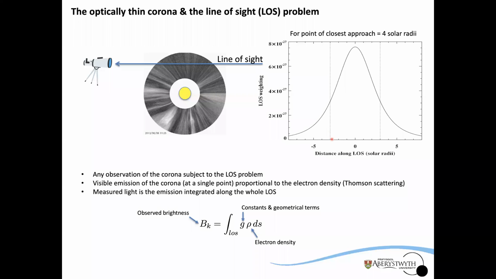And this just illustrates that even though this G value is weighted towards the plane of the sky, it's very widely distributed along the line of sight, and this shows the line of sight problem. So if we observe, for example, a change over time in the brightness, we can never be exactly sure where that change is coming from along the line of sight.